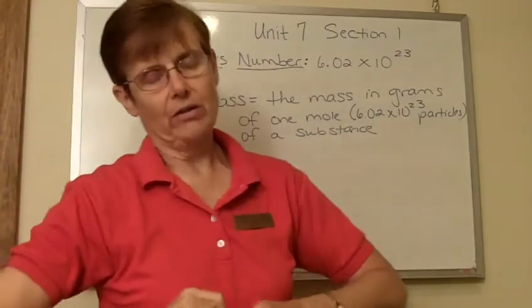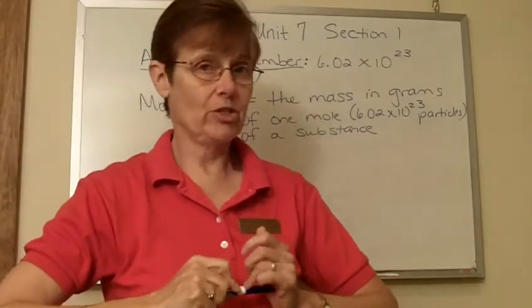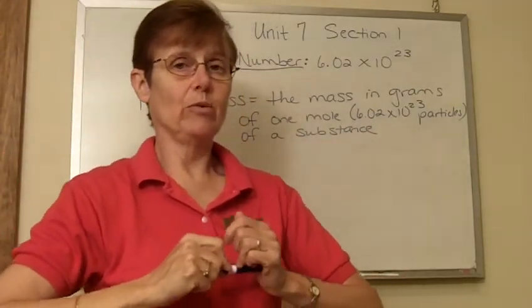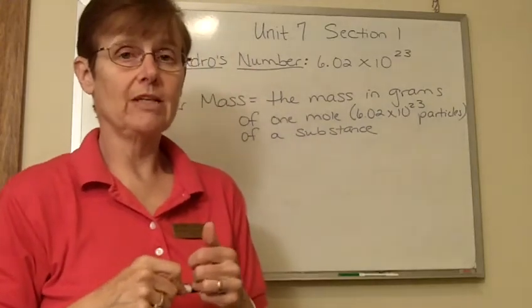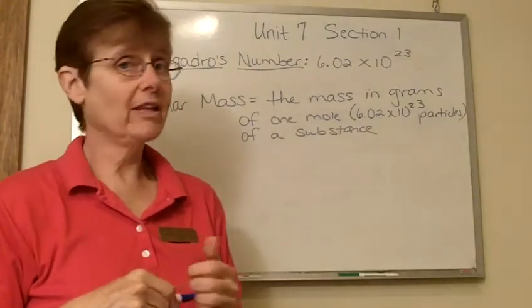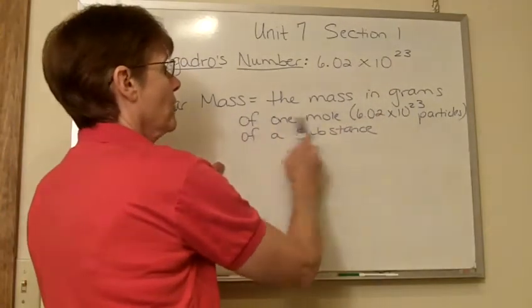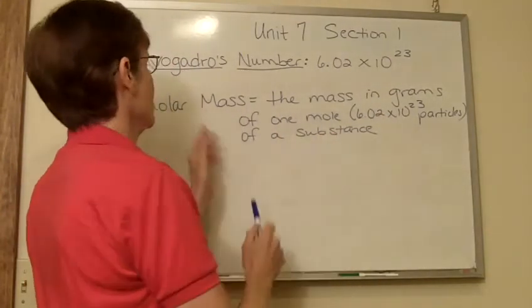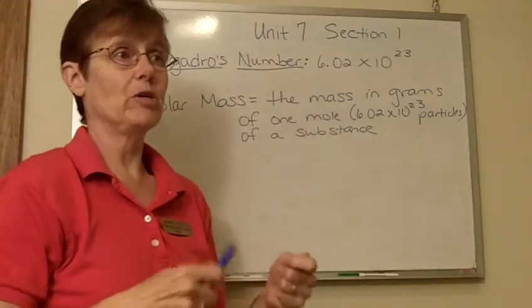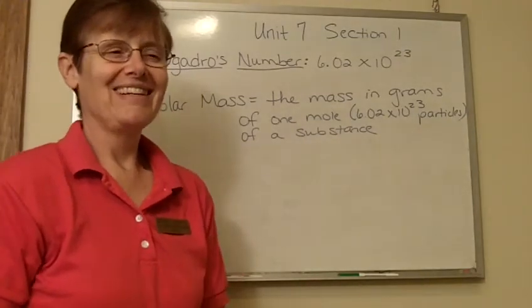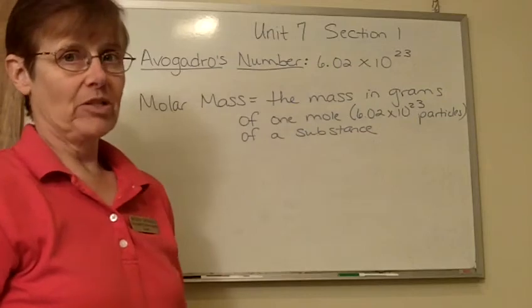So I'm going to say particles because we're not always dealing with just atoms. Sometimes we might be dealing with molecules or formula units or ions or anything we want. But the mass in grams of 1 mole of that substance is called the molar mass. How much mass does 1 mole have? So we can go to the periodic table and just get those numbers.